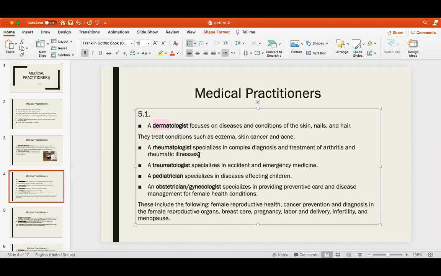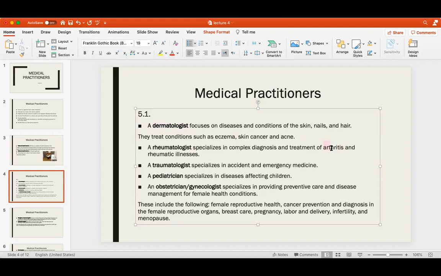Rheumatologist. A rheumatologist specializes in complex diagnosis and treatments of arthritis and rheumatic illnesses, rheumatism. So, arthritis, what is the meaning of arthritis?